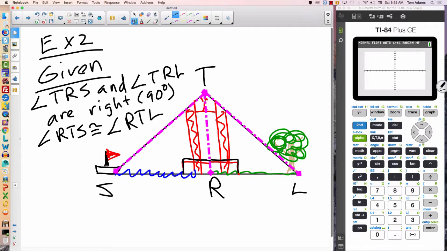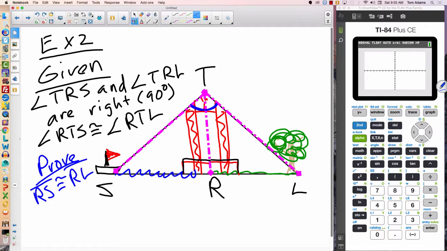Okay? And so what that means is that up here, RTS, this angle right here, is congruent to this angle here. All right, and he did this on purpose by holding the stick with the compass and making sure that they were symmetrical, that those 2 angles are the same. And so now what we're asked to prove is basically that the length of RS is congruent to the length of RL.